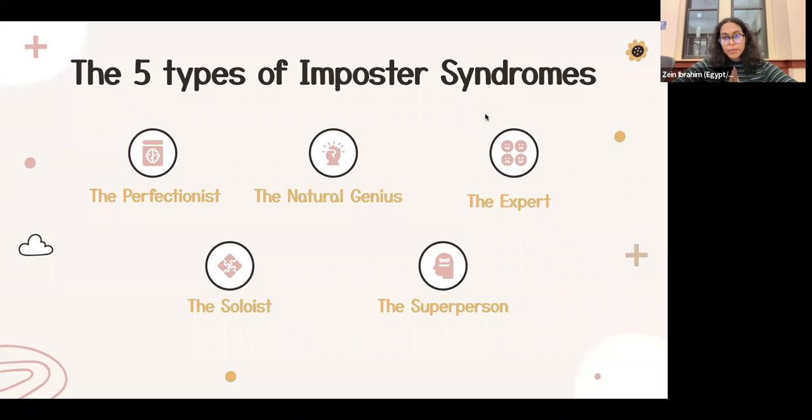The fourth type of imposter syndrome is the soloist. These people are very hyper independent. They can only do things on their own. They can never ask for help or assistance. The characteristics are that they usually prefer solo tasks to group tasks. They wouldn't really want to do group projects. They like working on their own.